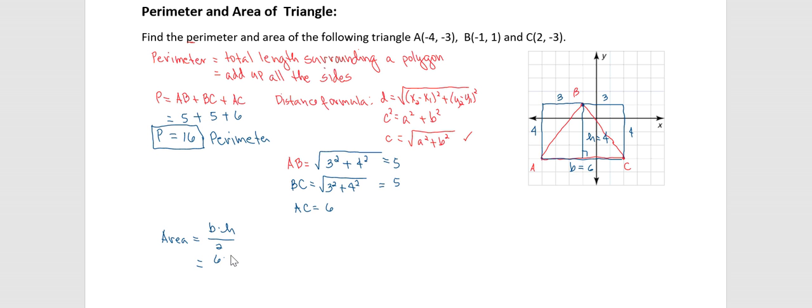So we have 6 times 4 divided by 2. But 6 times 4 is equal to 24. You divide it by 2. The area is equal to 12 square units.